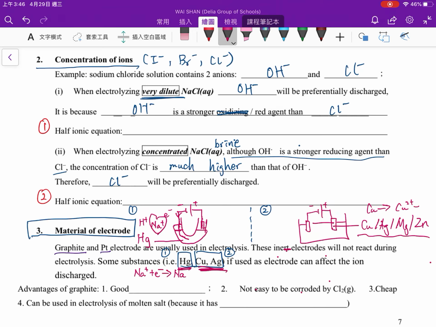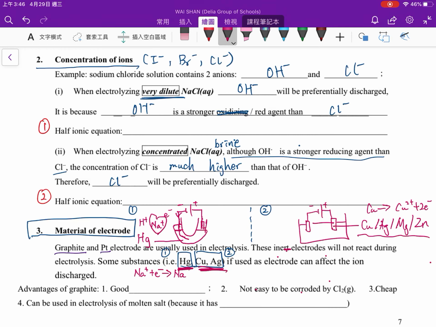So instead, copper will discharge and lose electron. So there are two more factors we have to consider besides ECS: one is concentration effect, and another is material of electrode.